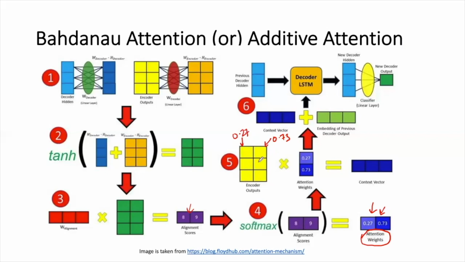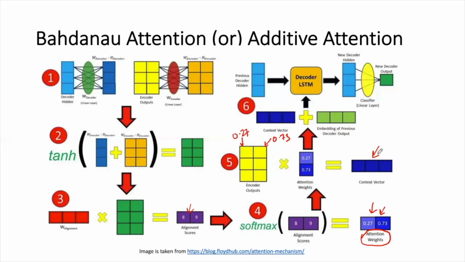That is another operation. It's like a mixture of all the encoder outputs that we are trying to find. Once we multiply with the attention scores, we add them up to generate this context vector. The context vector is basically a linear combination of all our encoder outputs.